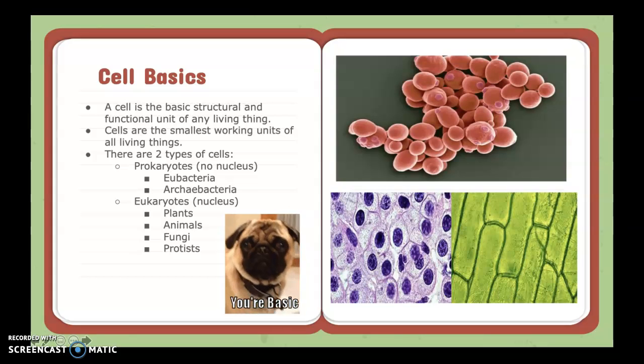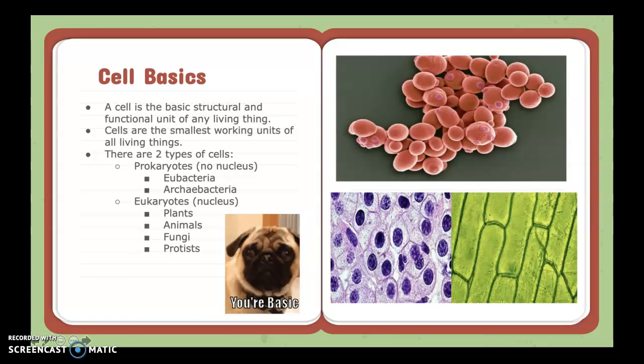The bottom left-hand corner, those purple cells, are animal cells. Those dark purple dots would be the nucleus of the cell. Typically, in order to see those animal cells, scientists will use dyes to color them so they're easier to see underneath a microscope. That's why those cells are purple.